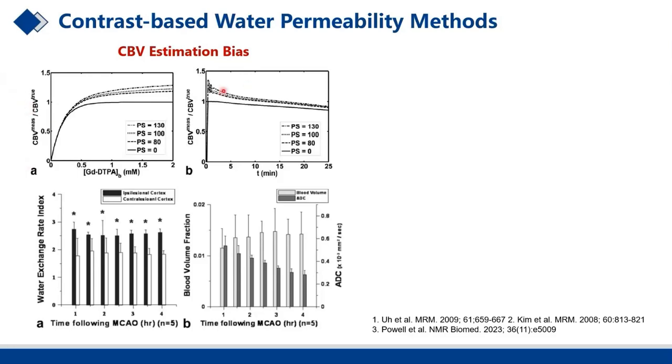So this bias itself can be used to fit for this BBB permeability. You can also derive some kind of index like this water exchange rate index. And it has been reported that in a stroke mice model, compared with the contralateral side, the stroke side indeed has an increase in the BBB permeability.